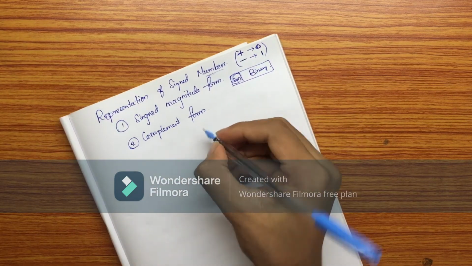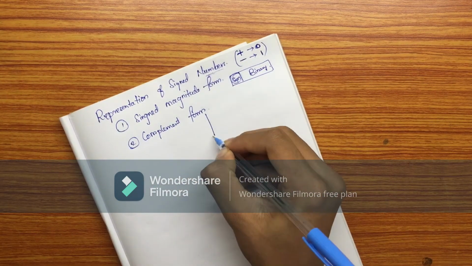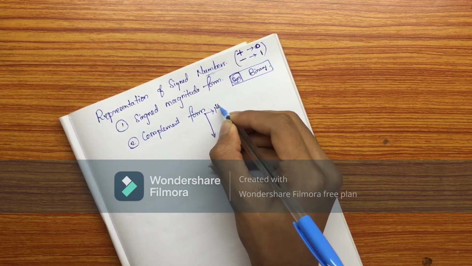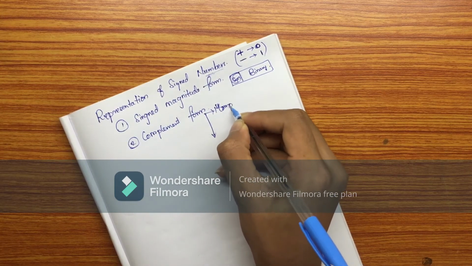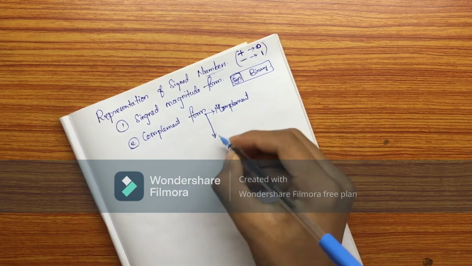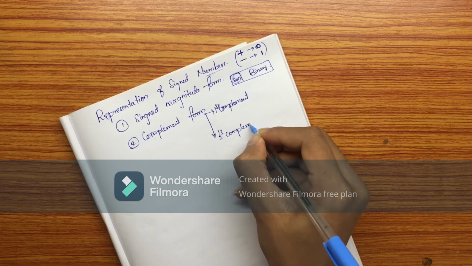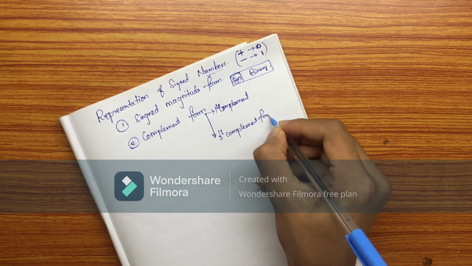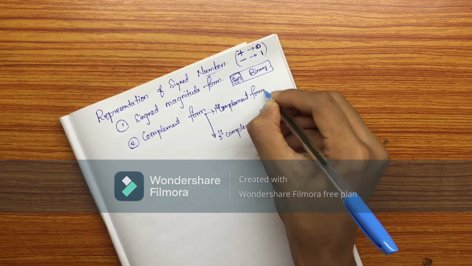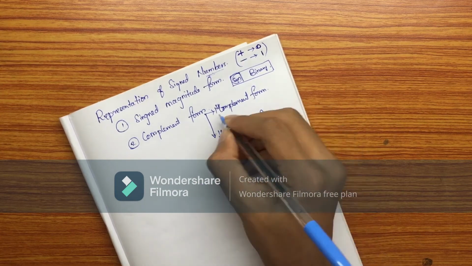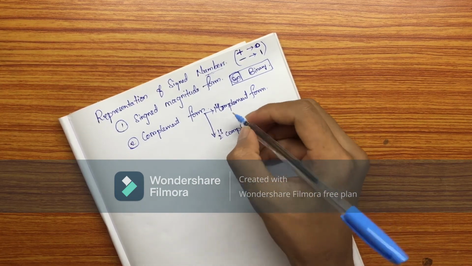And in complement form, we have two things: one's complement form and two's complement form. And in one's complement form, it will be in this way.